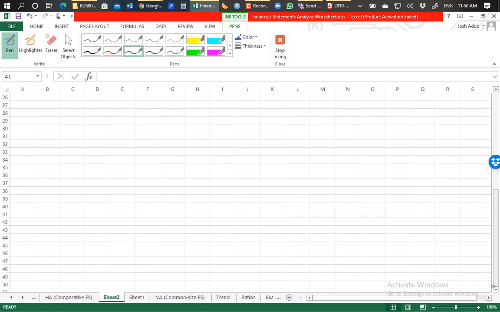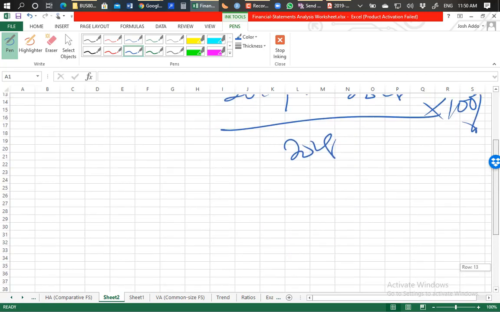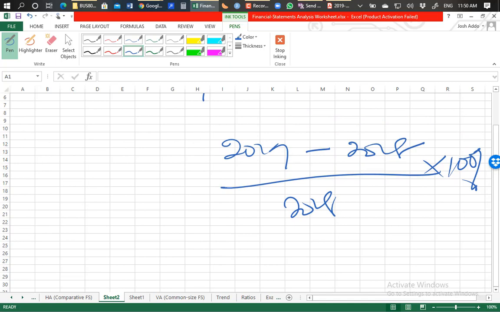That's the full formula. But from what we did earlier, calculating the change, we had already calculated this when we did 2019 minus 2018. That's what Rosemond helped us to do.